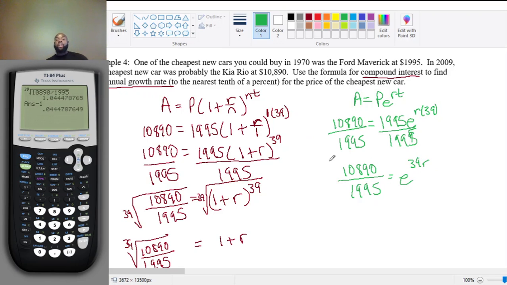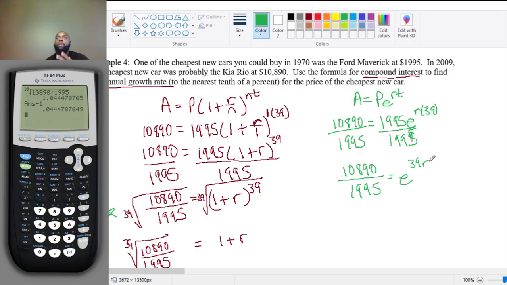Now, this is where we're going to need our logarithmic function. I know that we can change an exponential equation to logarithmic form, because we've done that in examples. Notice I can't use the same method I used over here, because I don't have a constant as my power. My power involves my variable.